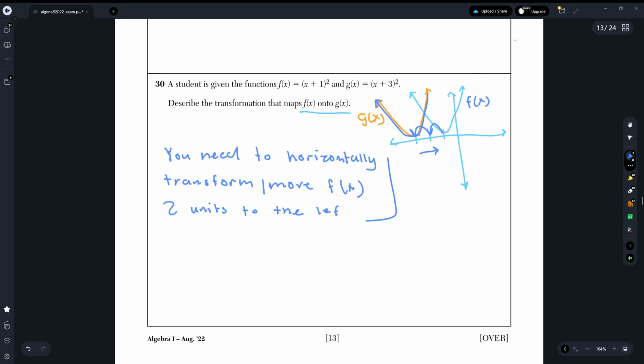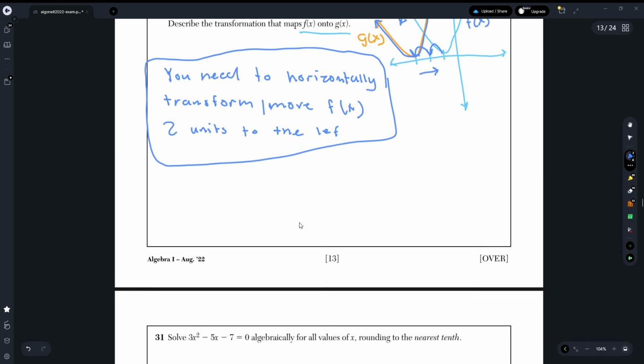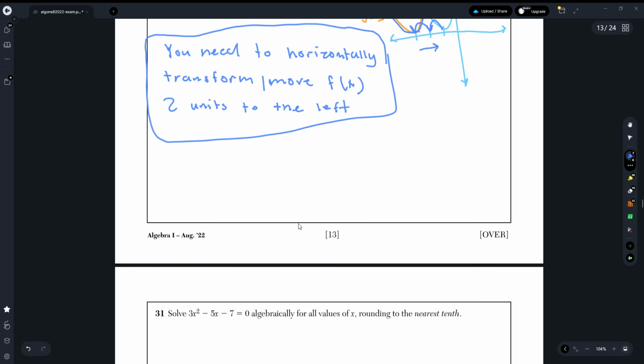That's all. Because if we look at how we did it right here, they were 2 units apart, and I wanted to move this one into this one. So all I had to do was move it 2 units to the left, or horizontally transform it 2 units to the left. And I forgot to put my t.